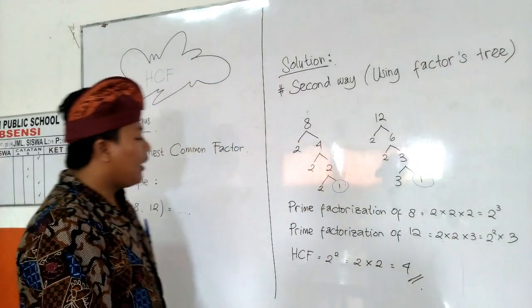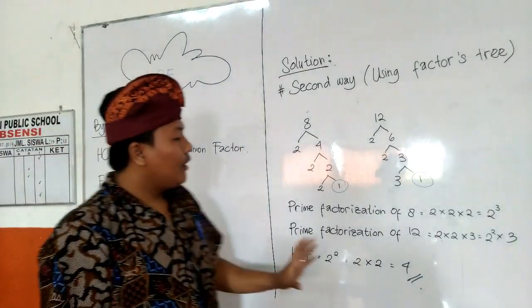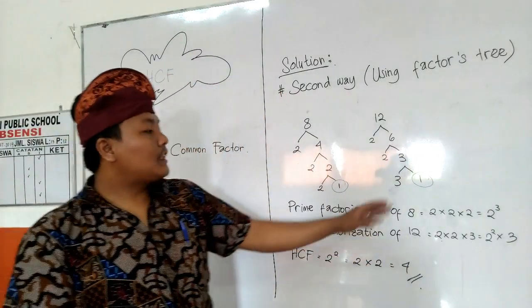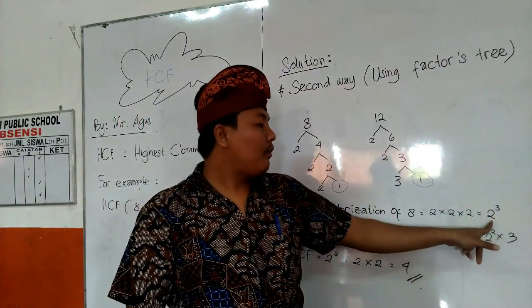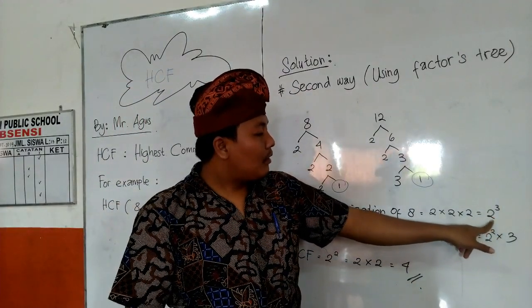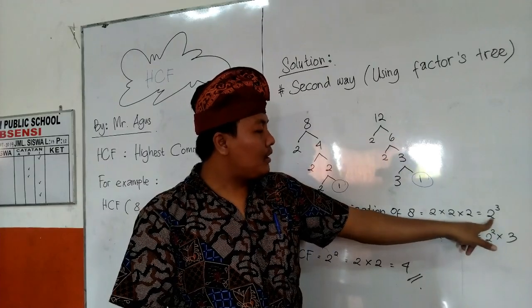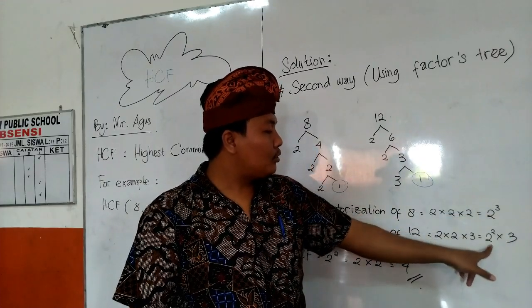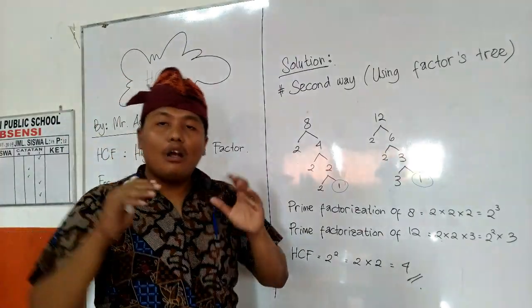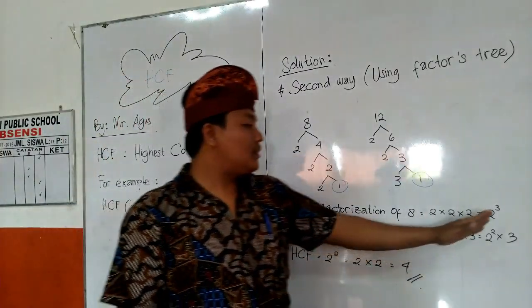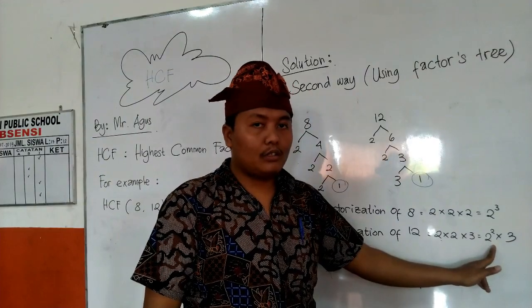And then the HCF is the common factor of them. The prime number here is 2 to the power 3 and 2 to the power 2. Use the common factor that has the lowest degree. The lowest degree is 2 to the power 2.